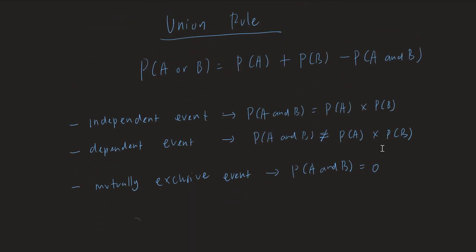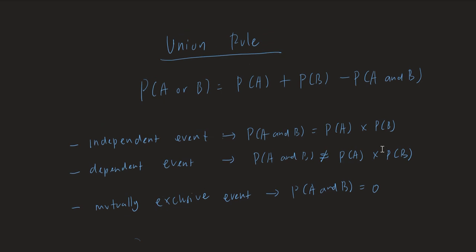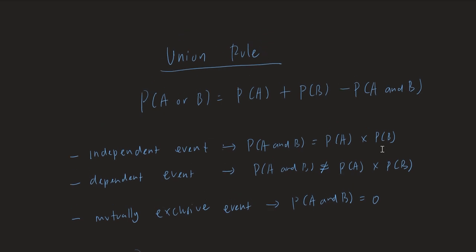Under dependent event, P of A and B is not P of A times P of B, but P of A times P of B given A, correct? Yes, correct.